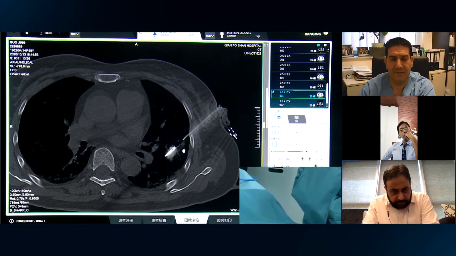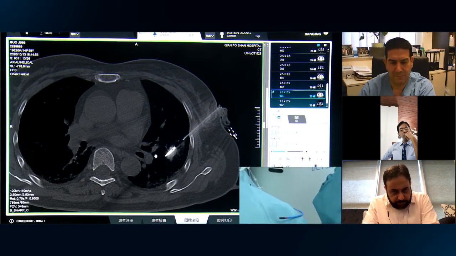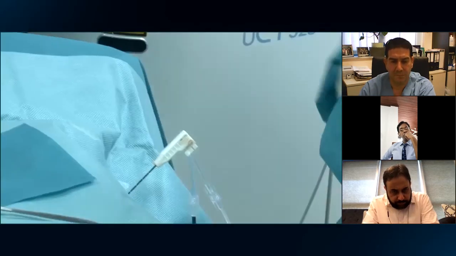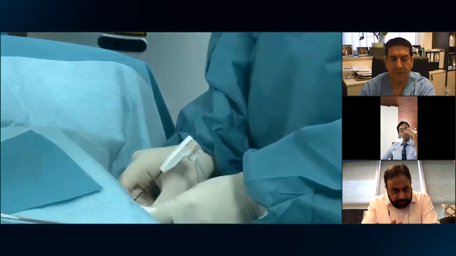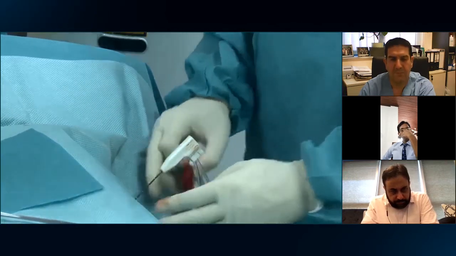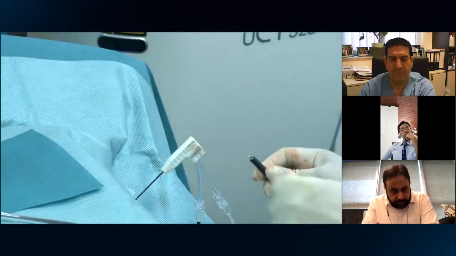He just adjusts the antenna to the lower position of this lesion.